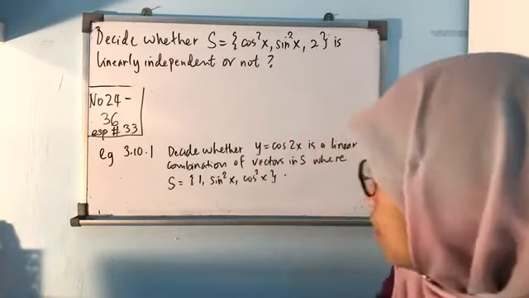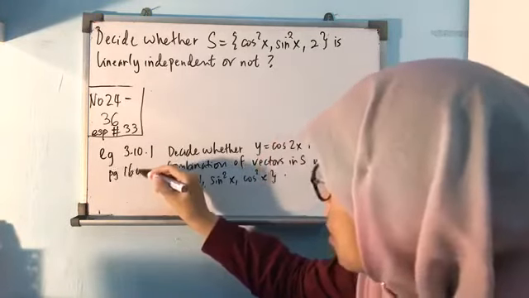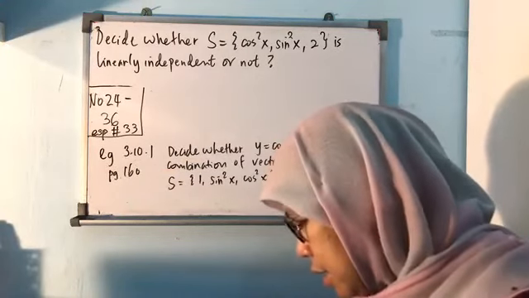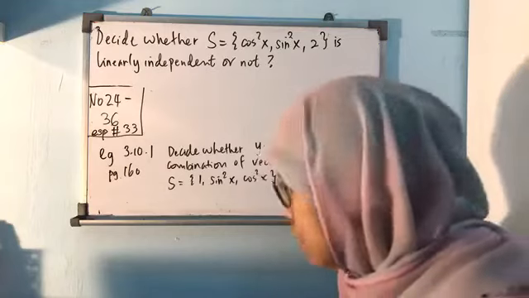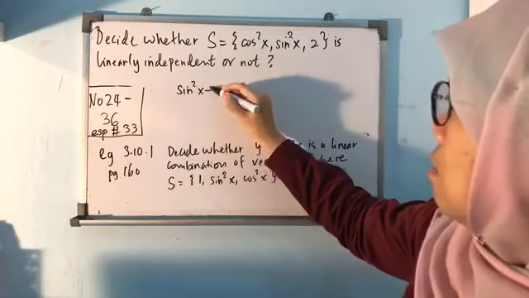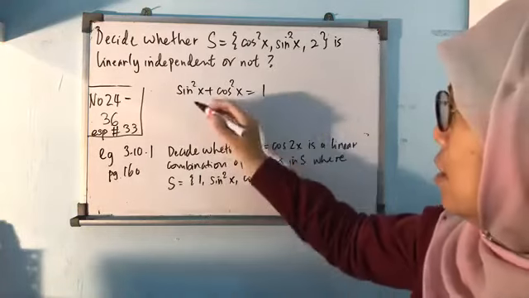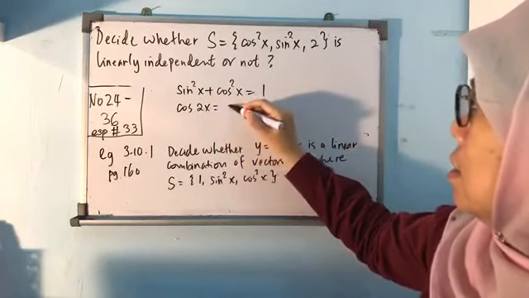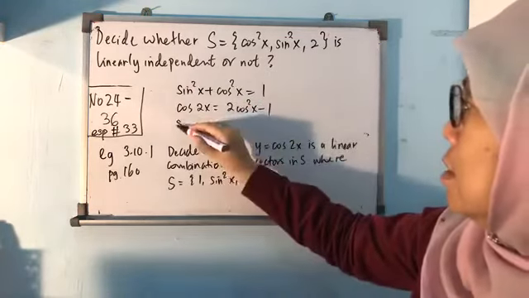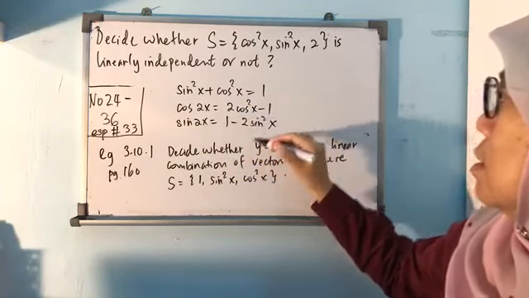This is page 160. So you have to remember the trigonometry identities. Sine squared plus cosine squared is 1. Cosine 2x is 2 cosine squared x minus 1. Sine 2x is 1 minus 2 sine squared x.